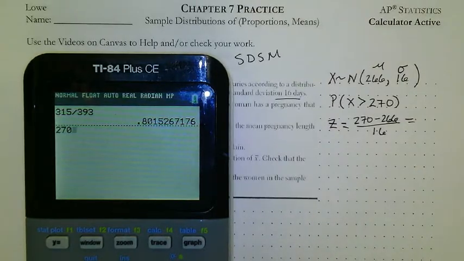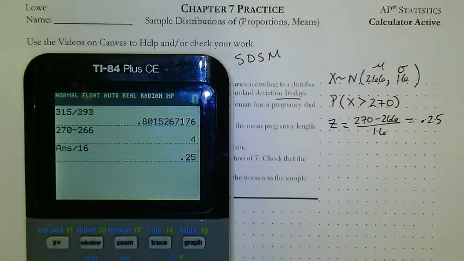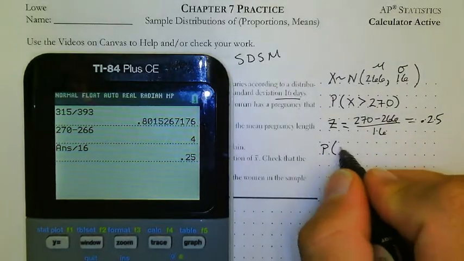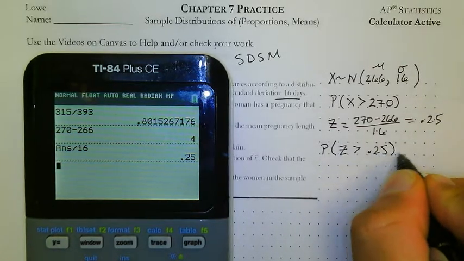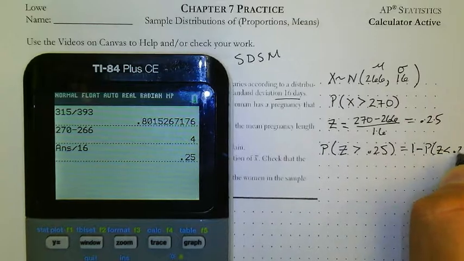So 270 minus 266 divided by 16 is 0.25. So we're looking for the probability that z is greater than 0.25, which will be 1 minus the probability that z is less than 0.25.